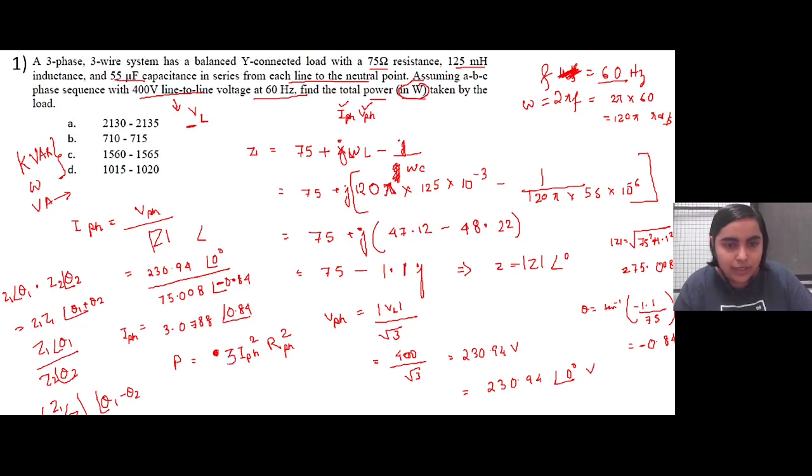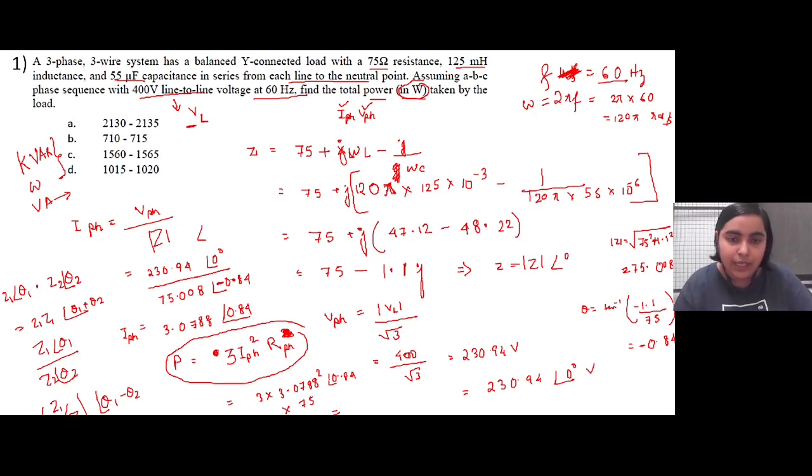Since all of them are equal, it will be 3 into I phase square R. So it will be 3 into 3.0788 square, the angle is 0.84, and R value is 75. Sorry, I don't know why I wrote this square. So I square R, right?